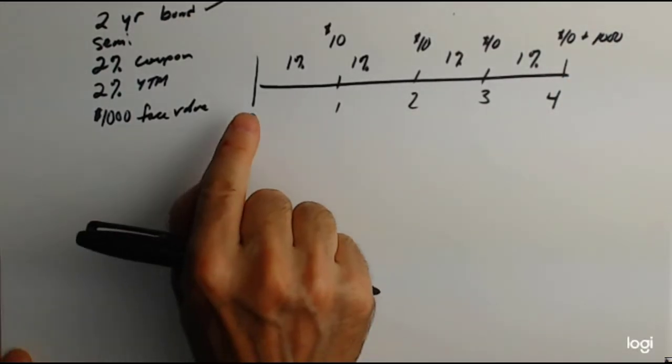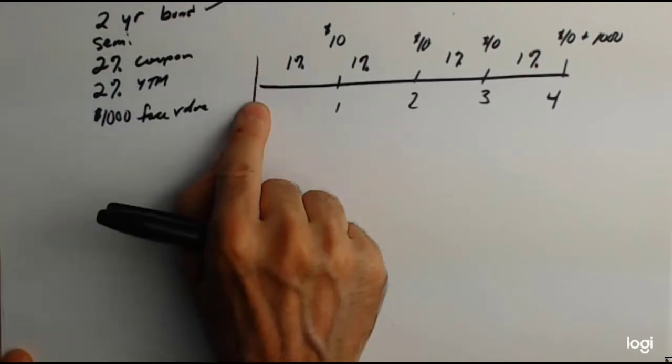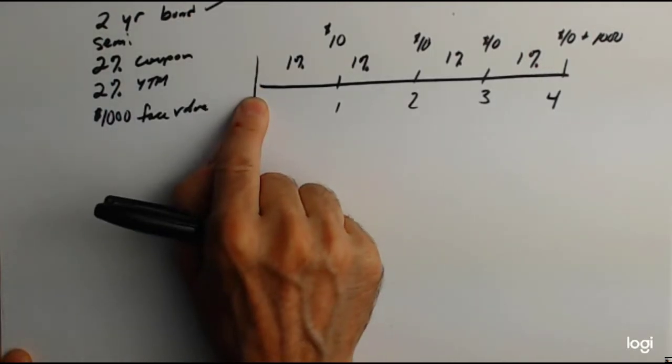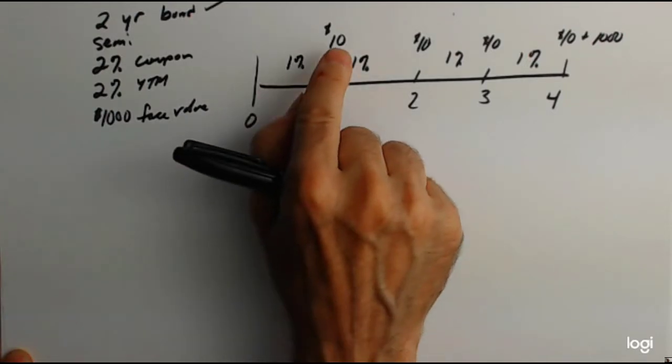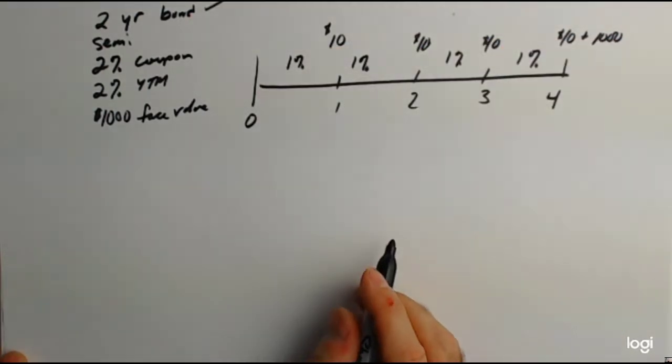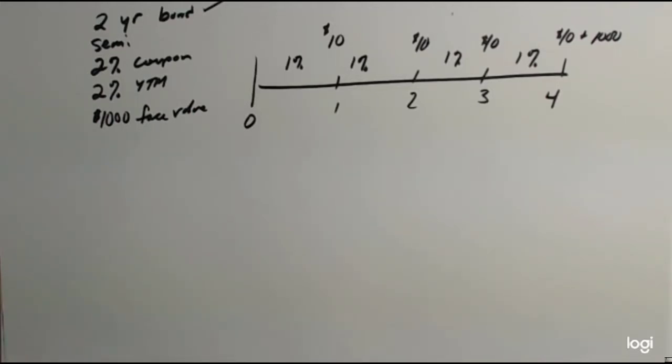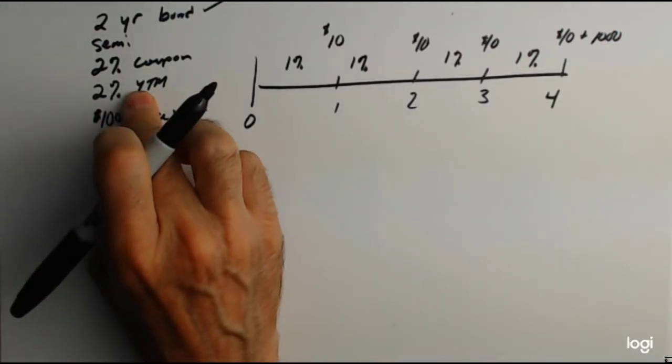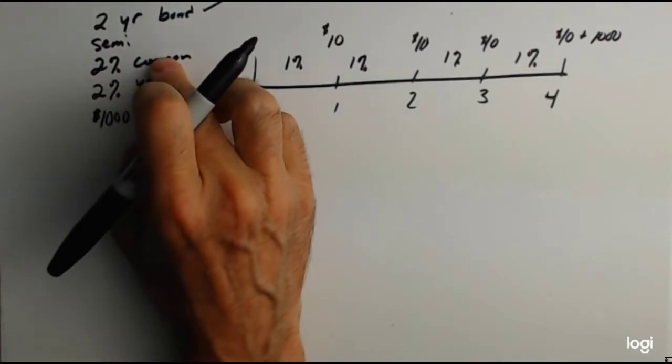So the way to look at it is you're going to invest some money at time 0. That's based on the price of the bond. And the bond will generate positive cash flow equal to this. So what we first want to do is figure out the value of this bond. Like I said, we don't even have to do any math since the yield to maturity, what the market is looking for, is exactly what the coupon generates.